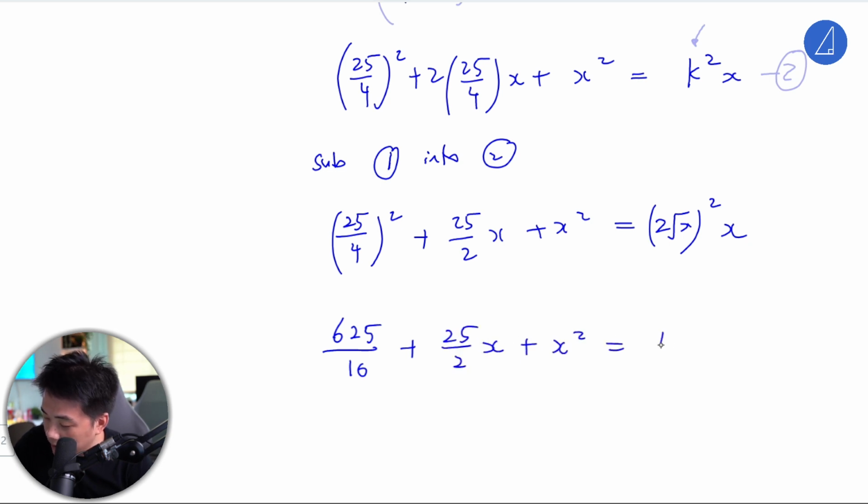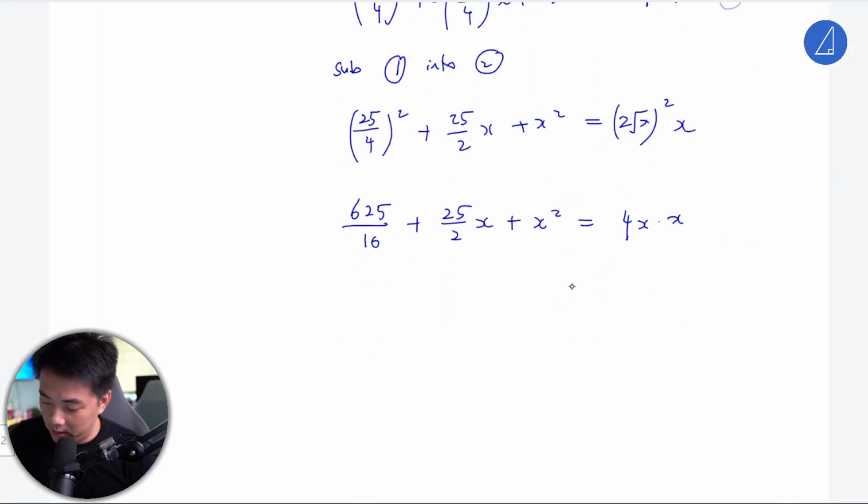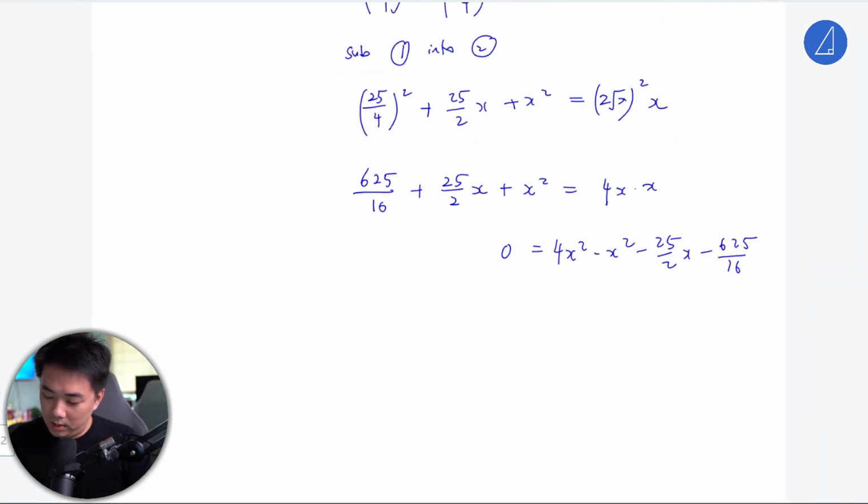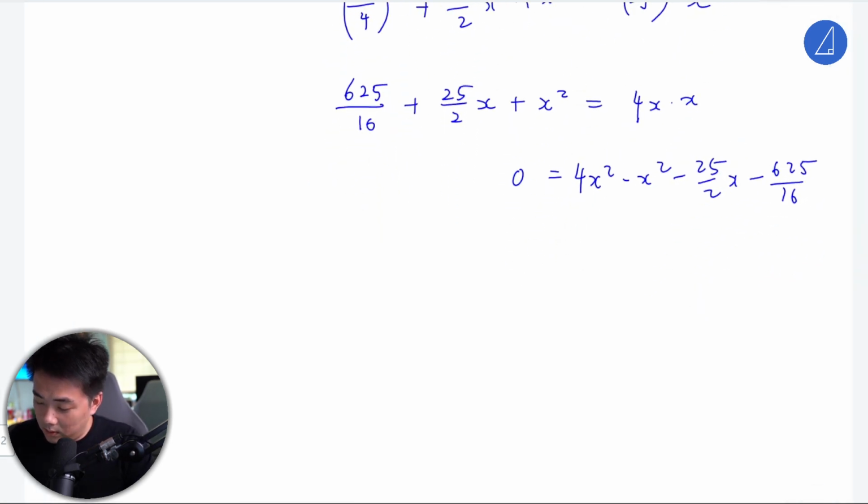Multiply, this is 4x times x, so it'll be 4x squared, minus x squared. Can I just bring everything over to 0? Yeah, then we could just solve this, right?